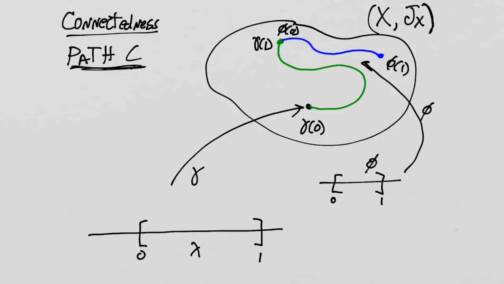But notice, if I traverse first this path and then this path, it looks like I have a path all the way here. And that's true. However, technically, our definition of a path goes from 0 to 1.